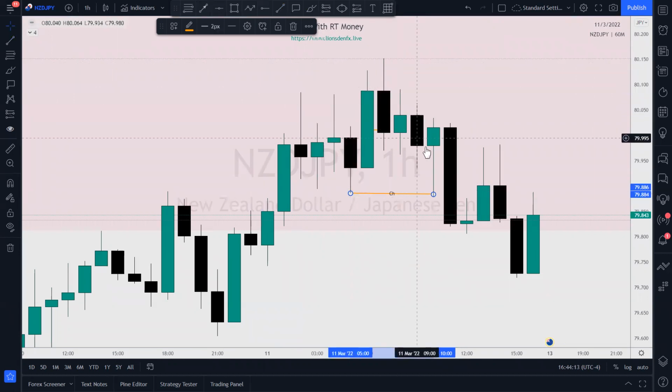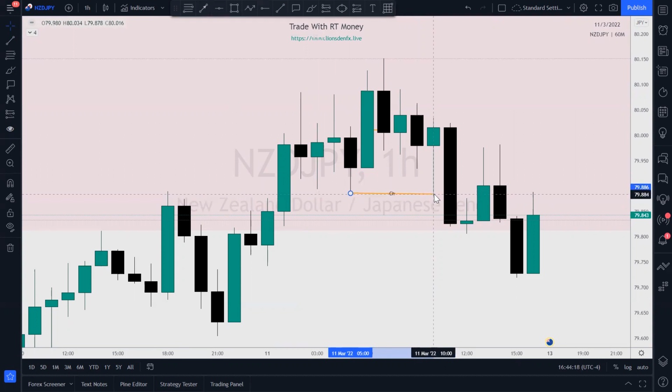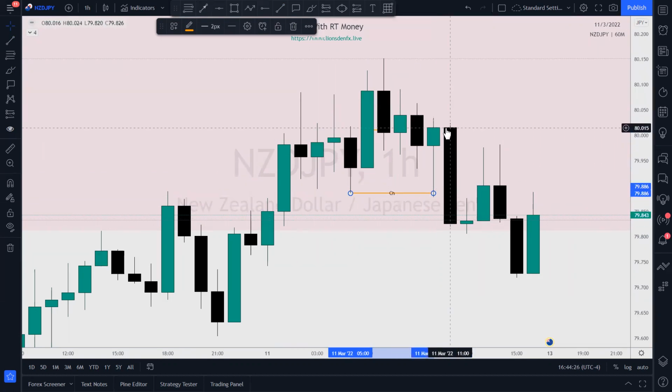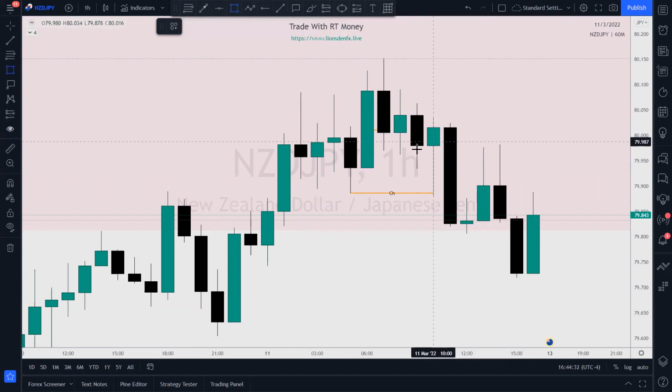And if price breaks that, now we have CHoCH. We have a change of character. All I needed to do was wick past it. It comes back up, and you're waiting here for price to return to the impulse.